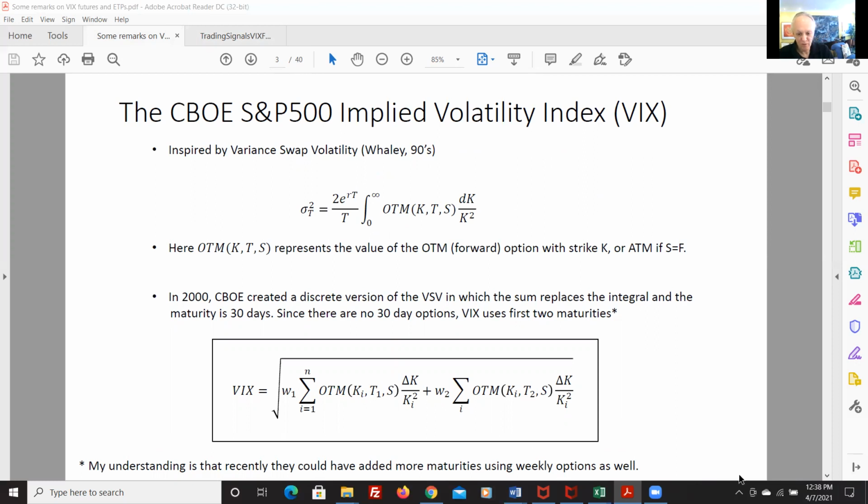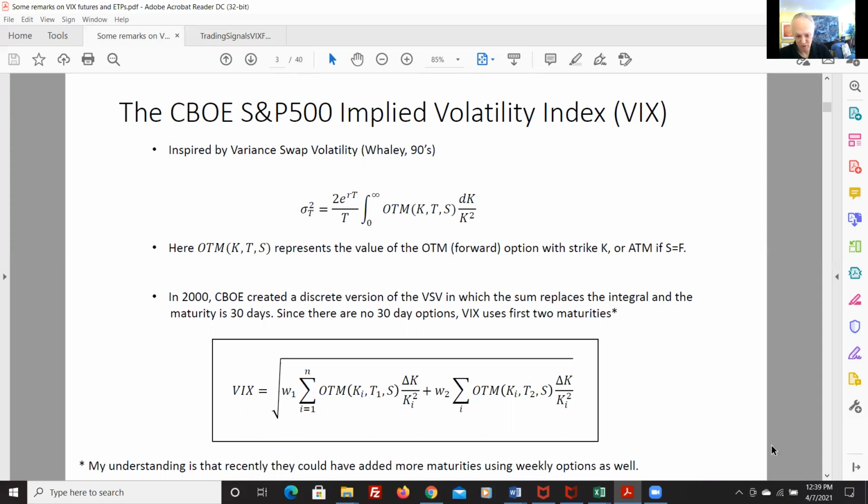So briefly, we will start with an index, the CBOE implied volatility index, or VIX, which comes itself from the variance swap model from Whaley from the 90s, which is a model where you would look at the implied variance of a 30-day S&P 500 market based on the options, the 30-day options, usually out of the money options, out of the money puts and out of the money calls.